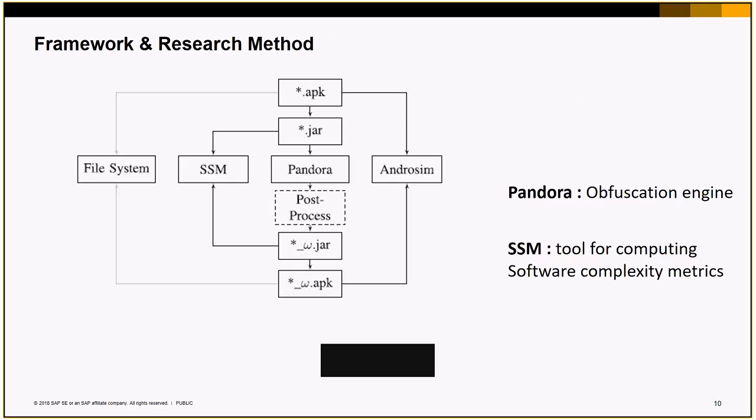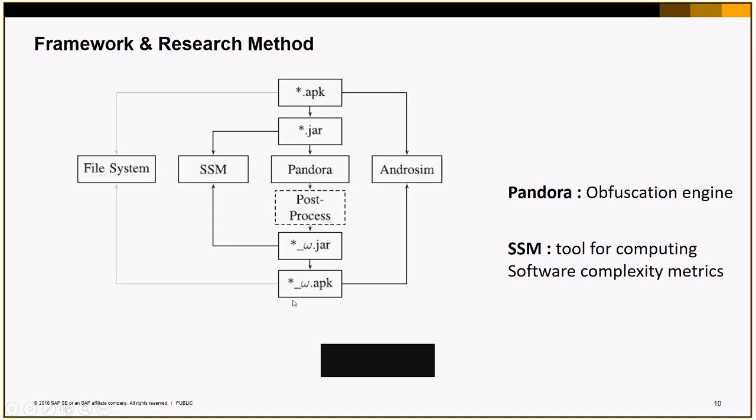This is the framework. In this framework, we see how the application is reverse engineered. So we start with the APK file, unpack it into its jar, and in this framework, Pandora is the obfuscation engine, wherein all the different types of obfuscation will be applied onto the unpacked code. Then we see another naming convention here, which denotes the kind of obfuscation that is applied onto the unpacked code.